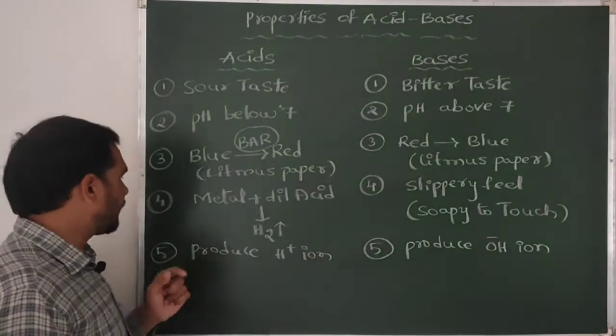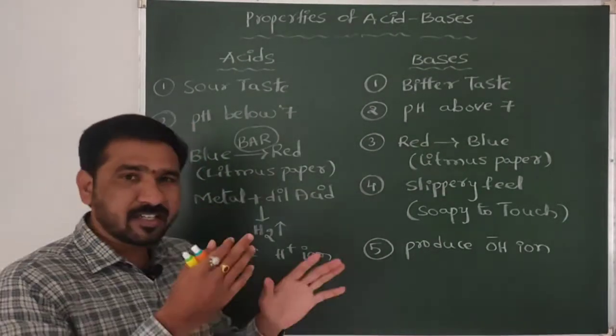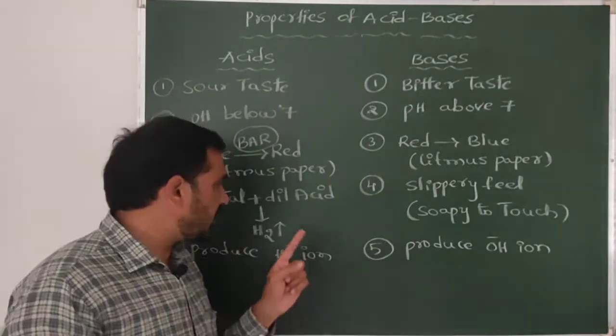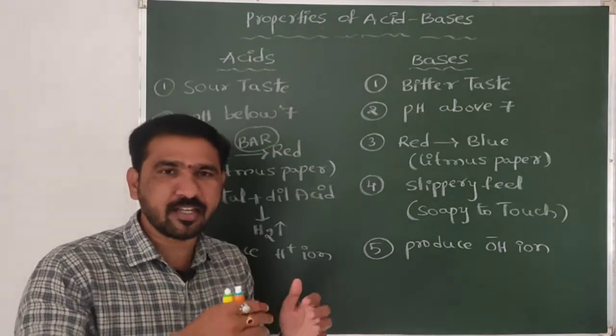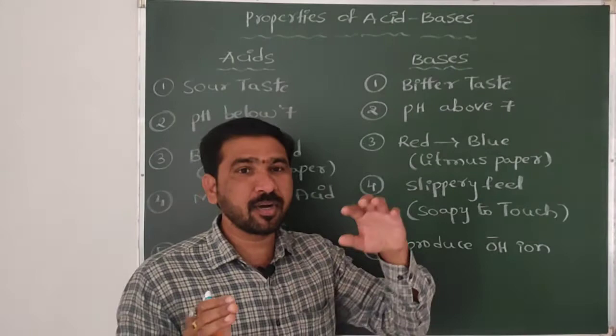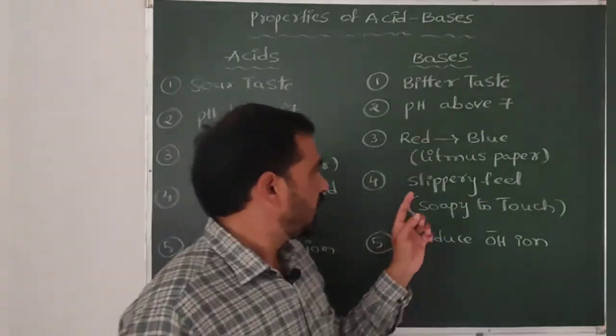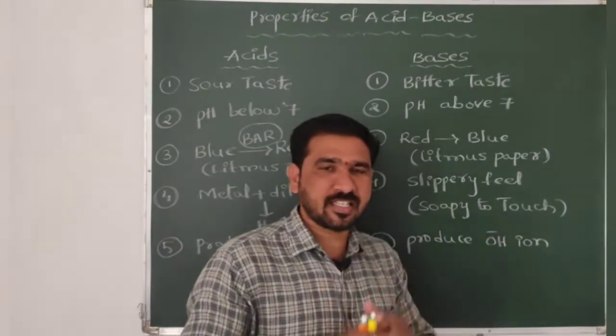Is it clear? Then coming to the fourth point under acids: metals when treated with dilute acids, remember, dilute acids only, some metals produce hydrogen gas. There is no hydrogen gas liberated by a base, but a base has a slippery feel, soapy to touch.